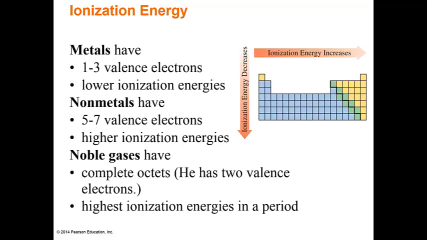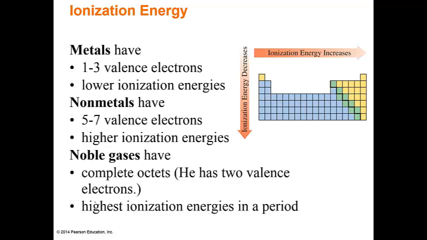So metals have 1 to 3 valence electrons, so they have low ionization energies. Non-metals have 5 to 7 electrons, so they're going to have higher ionization energies, because if I want to rip 1 electron away, it's not a big deal. If I'm going to try to rip 5 to 7 away, it's a much harder time.